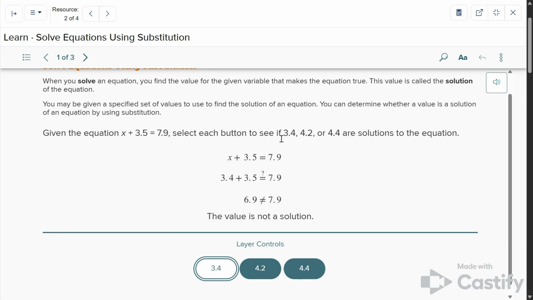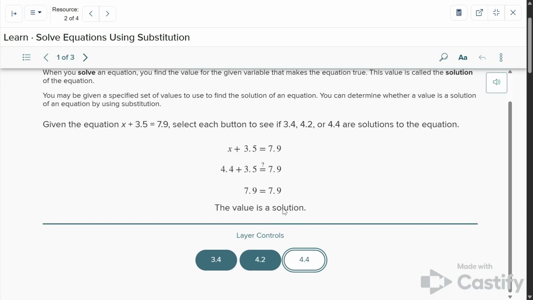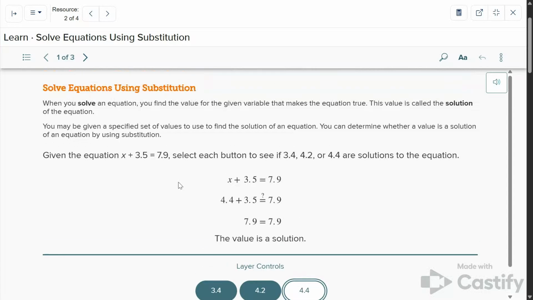So that's not a solution. What about 4.2? 4.2 plus 3.5 is also not 7.9, so that value is not the solution. However, if we substitute 4.4 in for x, we get 4.4 plus 3.5, and it does equal 7.9. So the value 4.4 is a solution. In other words, x can equal 4.4, and it makes this equation true.